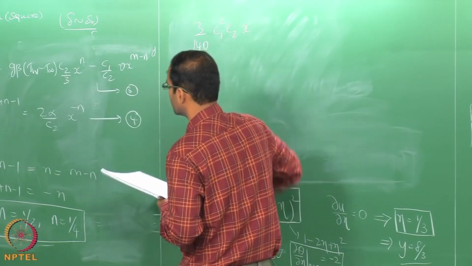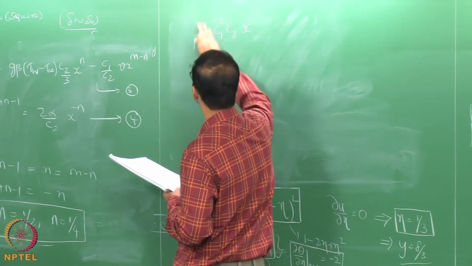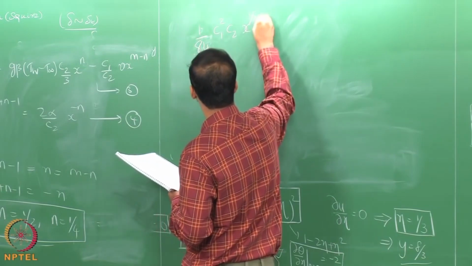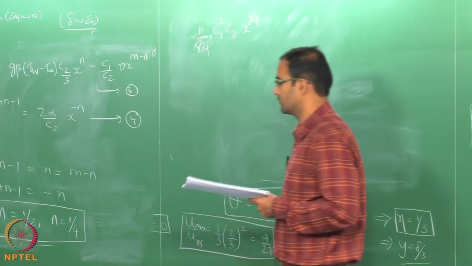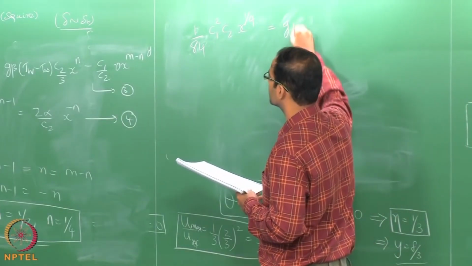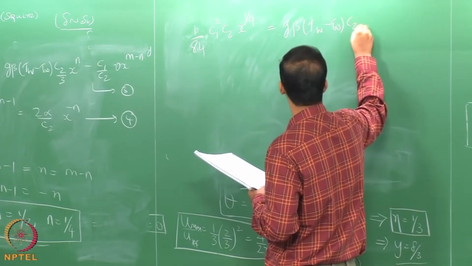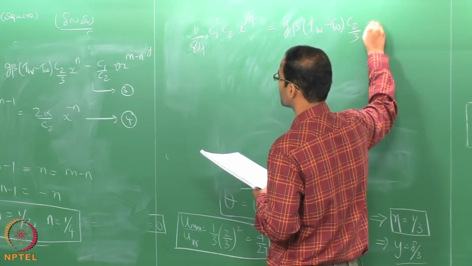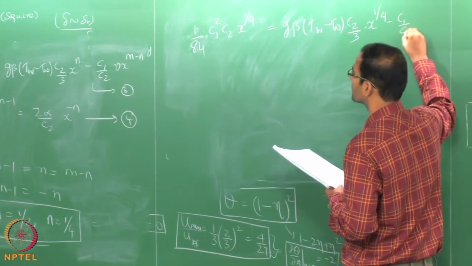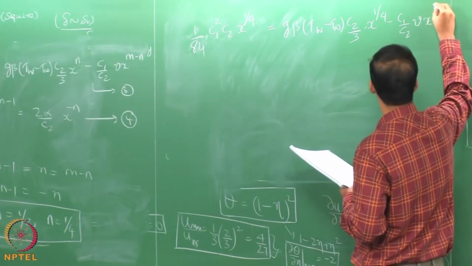It's 1 by 4. So it's 1 by 84, not 3 by 4. 1 by 84, and this should be x power 1 by 4, right. On this side we have g beta t wall minus t infinity into C2 by 3 into x power 1 by 4 minus C1 by C2 nu x power 1 by 4.